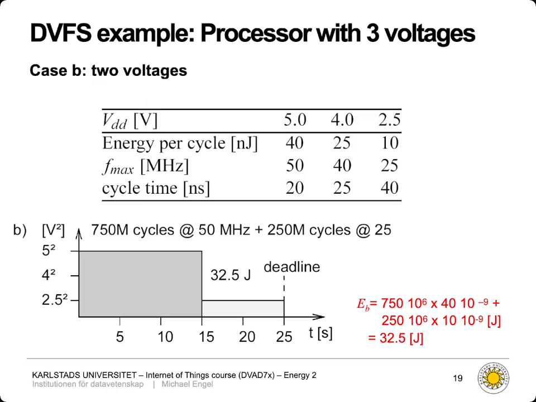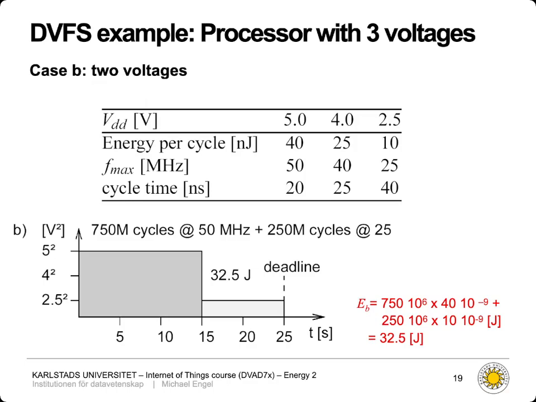And then we could slow down the processor so much that we fill the remaining 10 seconds, from 15 to 25, by just running at 25 megahertz. This would reduce the related power consumption quite significantly. And as you've seen, we always take the area under the rectangles, taken together here.